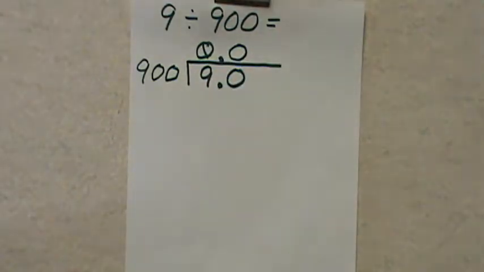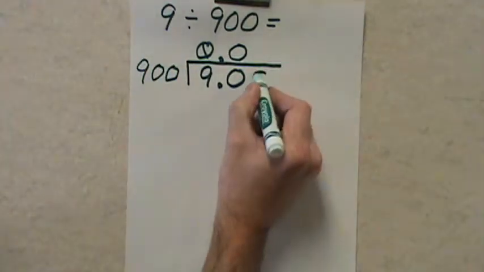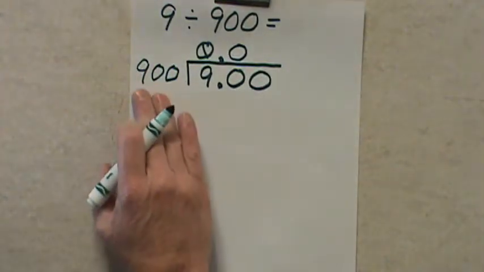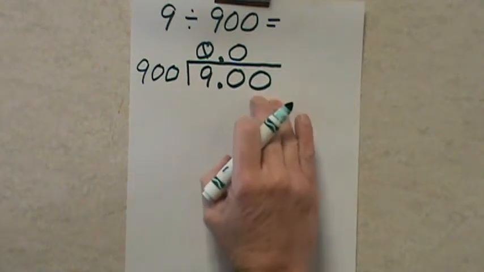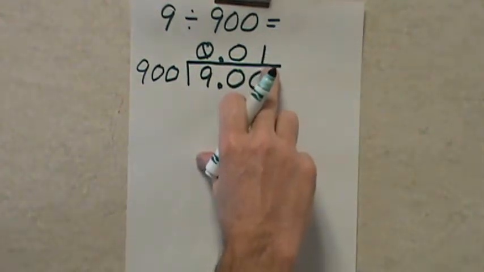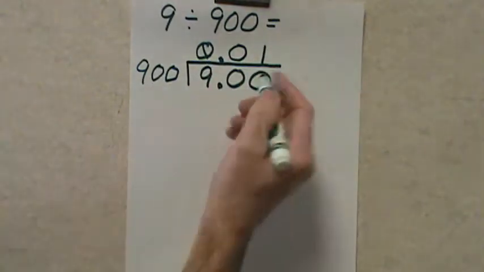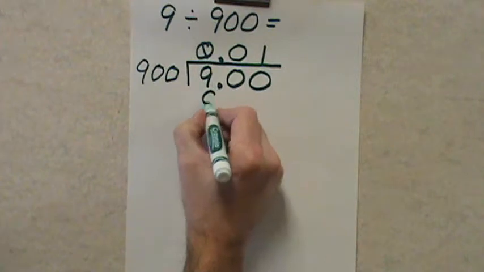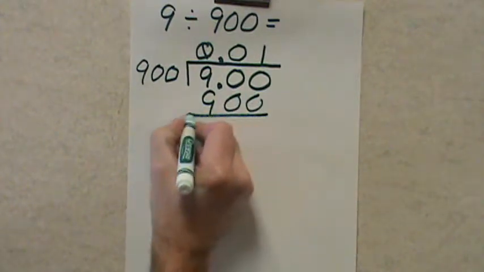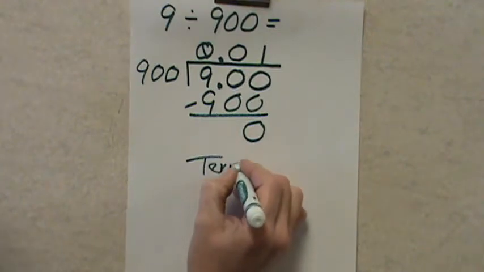So now what we have to do is annex another 0. Now we can take 900 into 900 one time, but it is only 1/100th of a decimal. So you have 1 times 900 is 900, subtract, and it terminates.